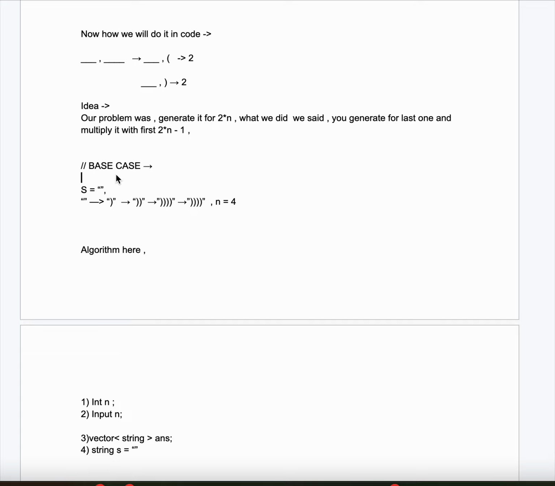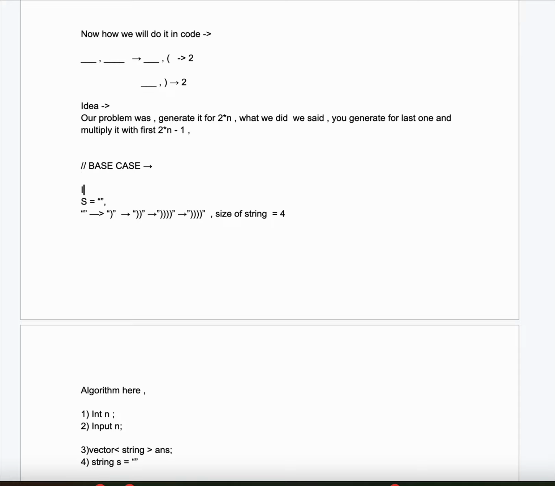Now here the size of the string is 4. Let's say our n was 2, then we have a string of 4 spots which has the opening bracket at every spot. This is a valid answer for this. So when n equals something, and as the string further develops in the recursion, our base case would be when the string size is double of n.